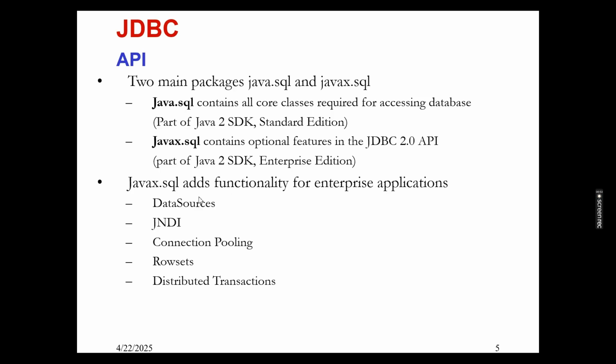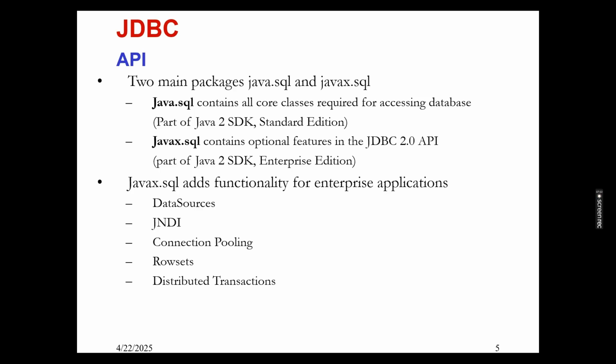And in javax.sql, we also have other classes which are required for remote database connections, those are the data sources. That is, without having a database, in javax.sql we connect with Java data sources, and JNDI connections. JNDI is related to connecting with any native database interfaces.